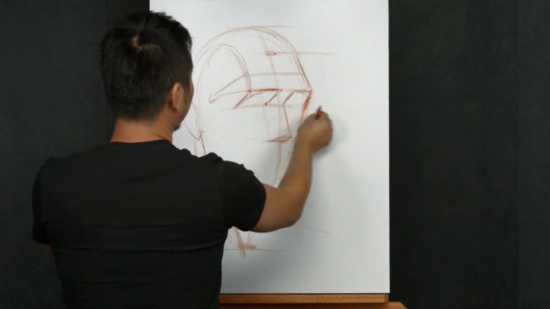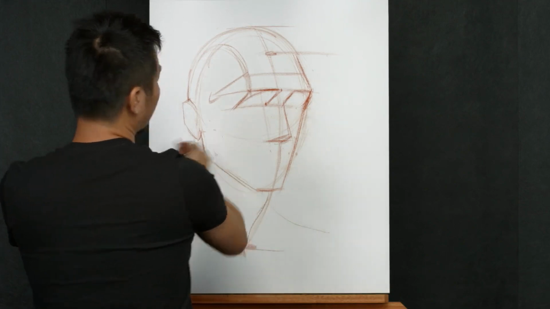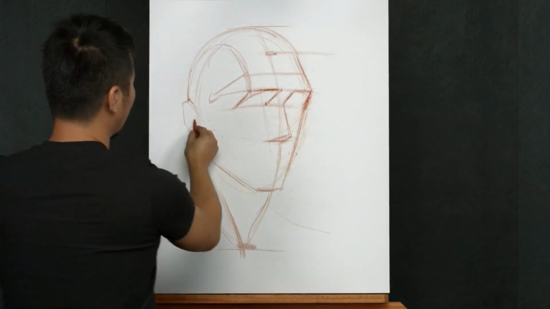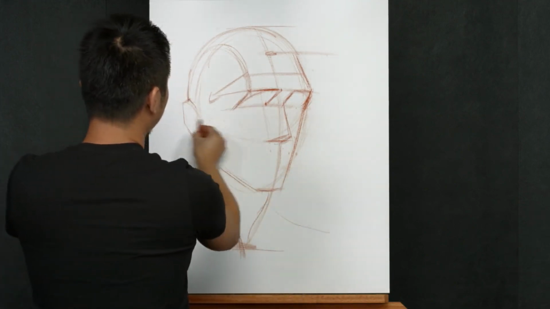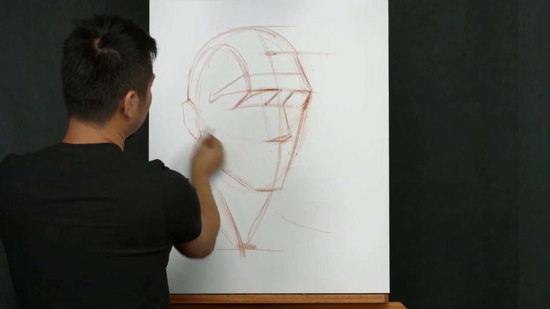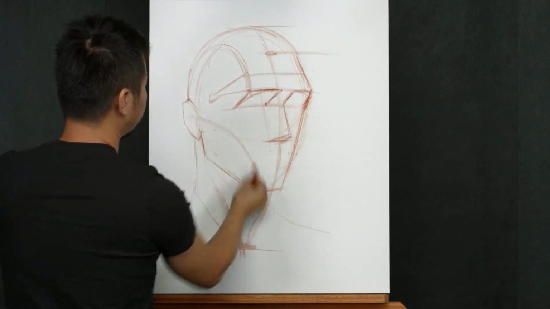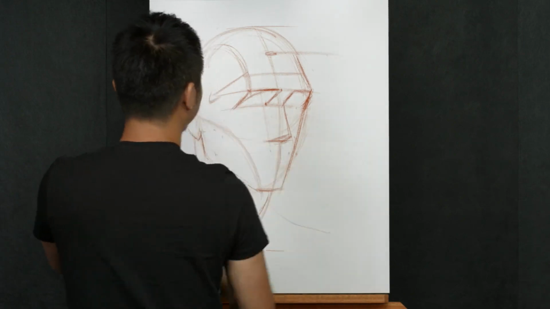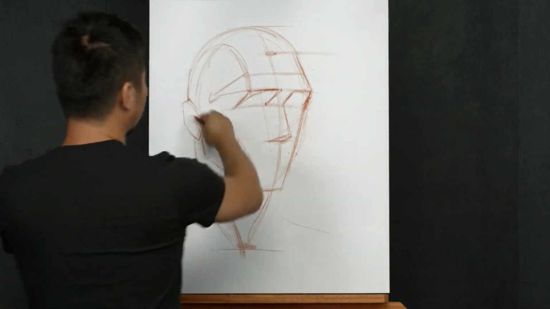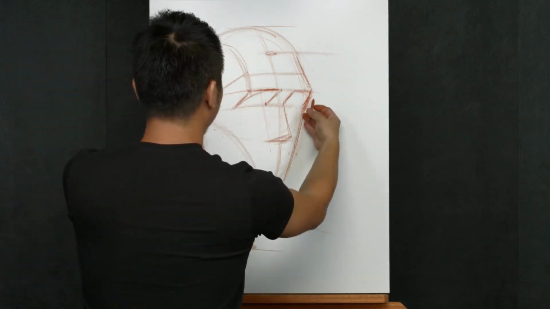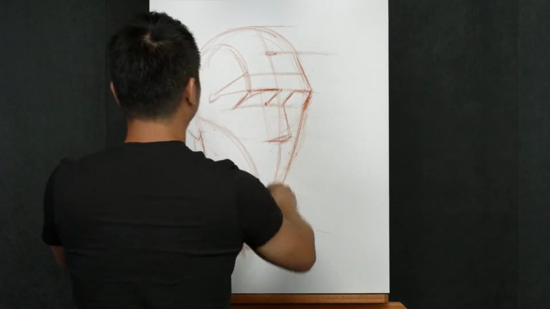And earlier, from the last page, I showed a line through the ear down to our chin, so we can still use this. So get a sense of where the cheek structures are.